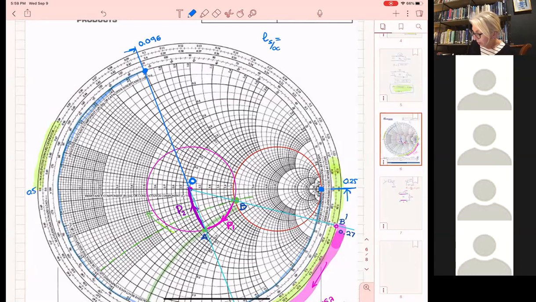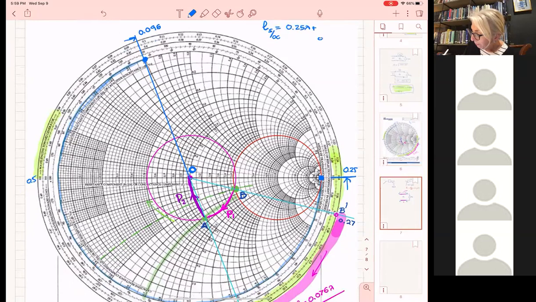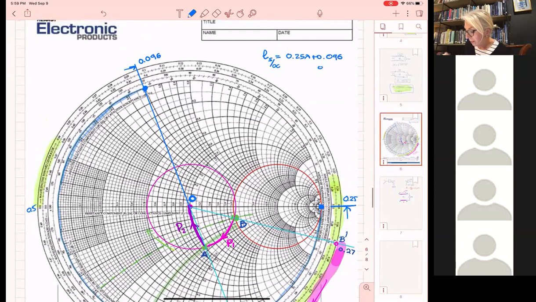And then the total distance here for the stub, if it's open circuited, is going to be all the half of the circle, which is a quarter of a wavelength, plus 0.096. Okay?